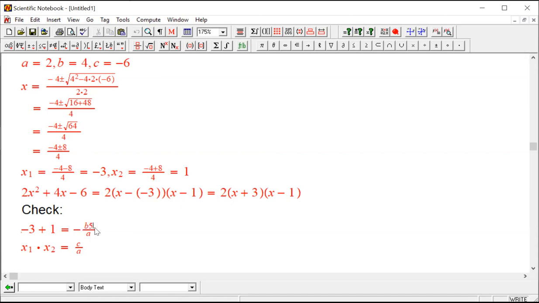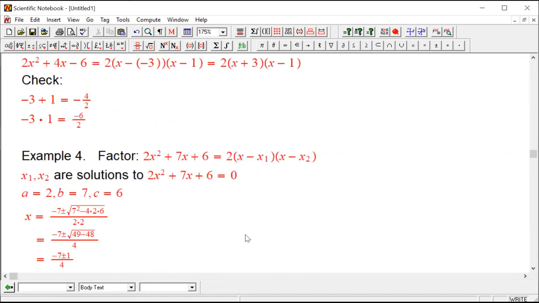A is 2. Negative 2 equals negative 2, correct. Negative 3 times 1, and c over a is negative 6 over 2. They're the same again, okay?